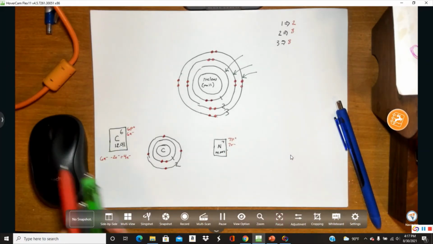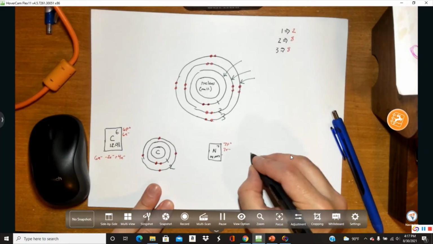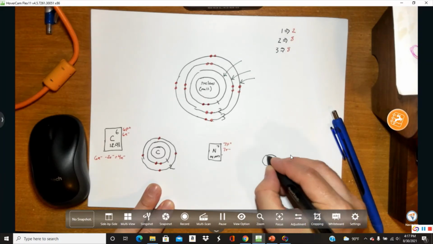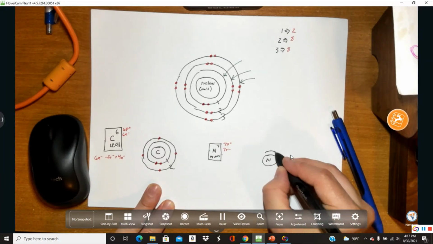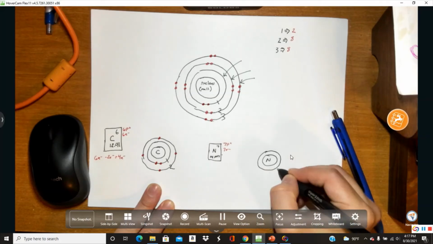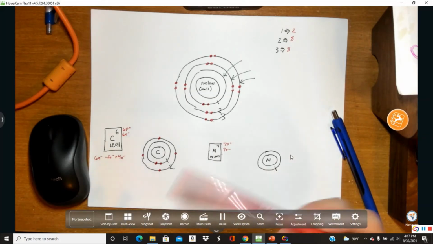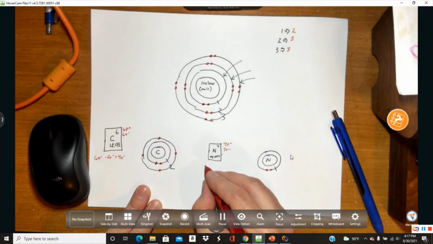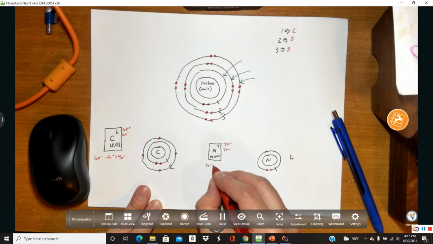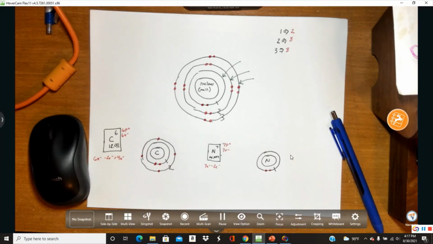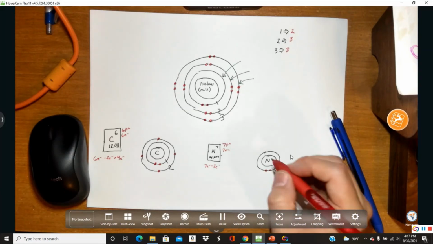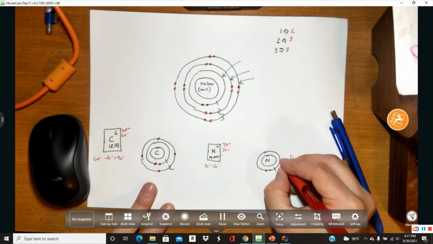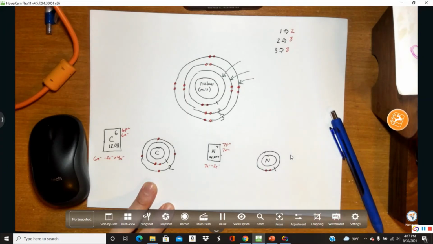Now, let's try to park these around the nucleus of this nitrogen atom. Shell number 1 will be holding 2. We know we have more than 2. So we have 7 electrons. We took away 2 electrons. So we know we have 5 left.